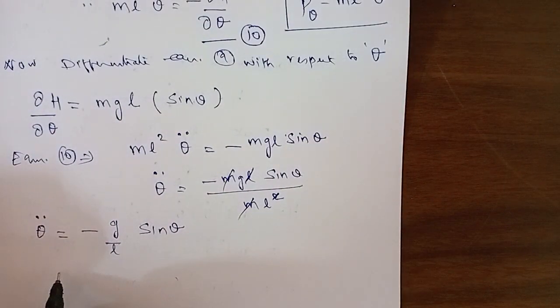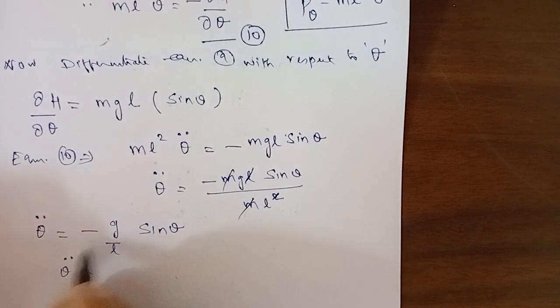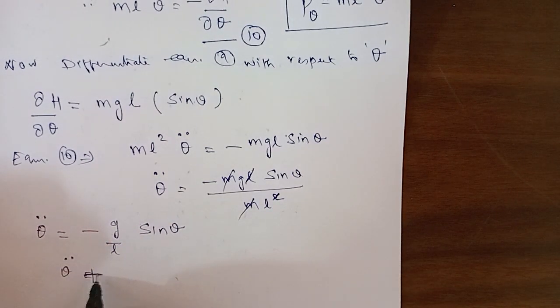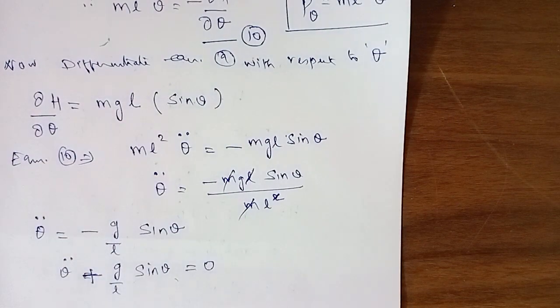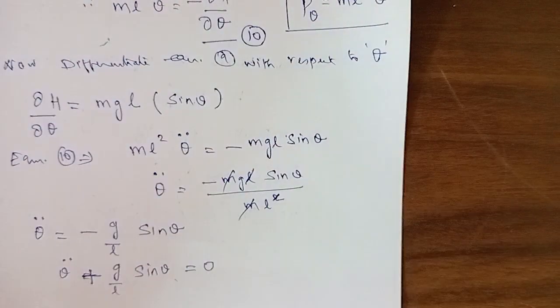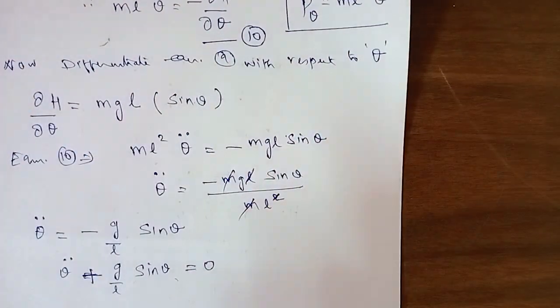Or theta double dot plus g by l sin theta equal to 0.